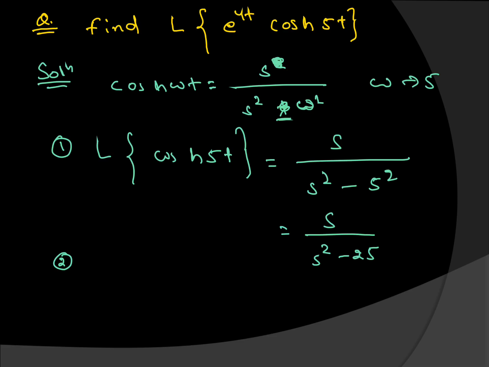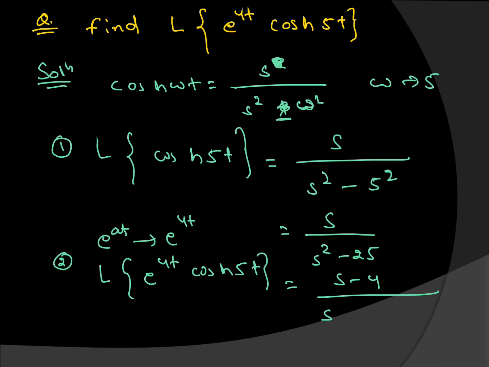In step 2, apply the first shifting theorem, e to the power at. Here e to the power 4t, so a is 4. And since it is plus at, in the s term we will subtract it. Laplace of e to the power 4t cos h 5t, you will get s minus 4 divided by (s minus 4) whole square minus 25.